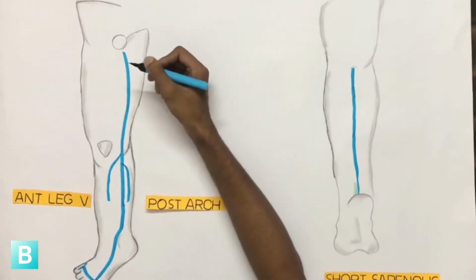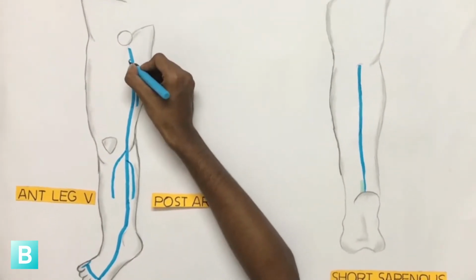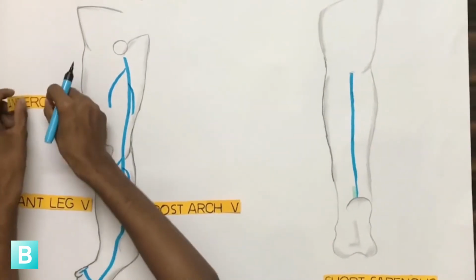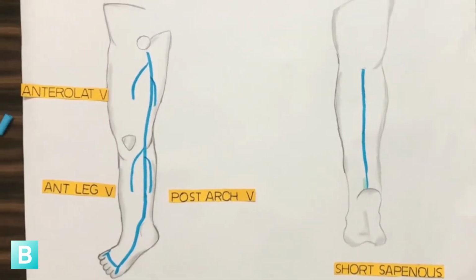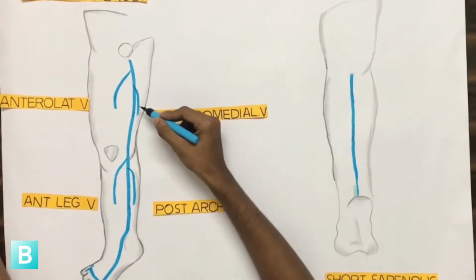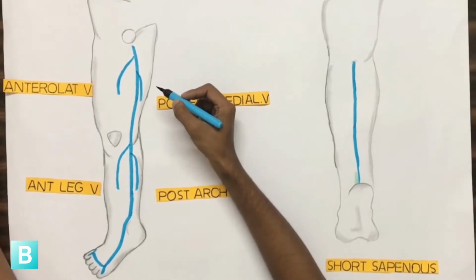Further moving on to the thigh, we have the posteromedial vein of the thigh and the anterolateral vein of the thigh. The posteromedial vein is also called the accessory saphenous vein.